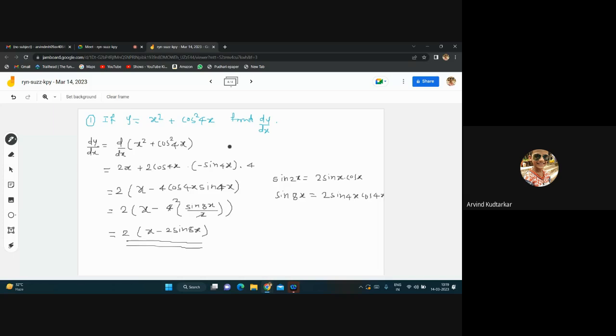The derivative of sin x is cos x, and the derivative of cos x is minus sin x. Then the derivative of tan x is sec square x.